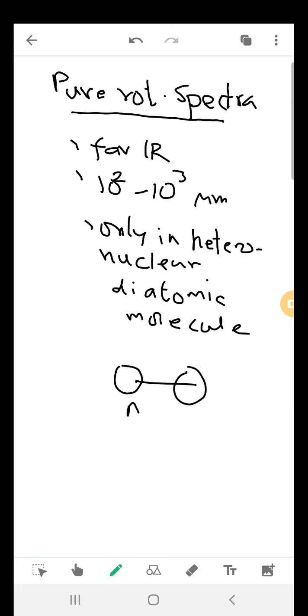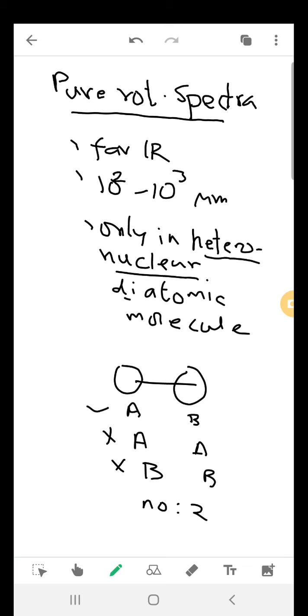That means if this is A, this has to be B. It cannot be AA or BB. It has to be A and B, and the number should always be equal to 2, not less than 2 or more than 2. So this is what we mean by a heteronuclear diatomic molecule, and the pure rotational spectra in this range is only observed in this type of molecules.